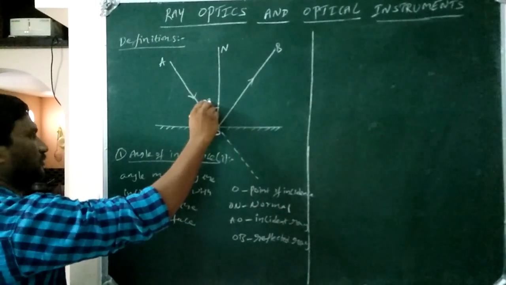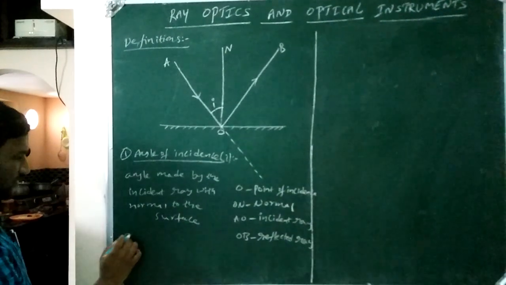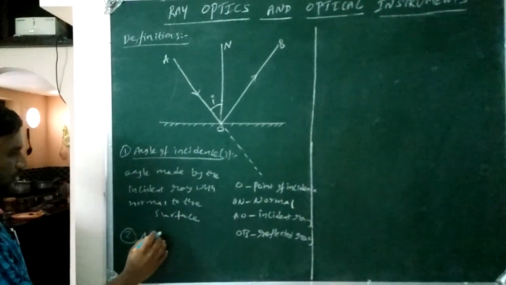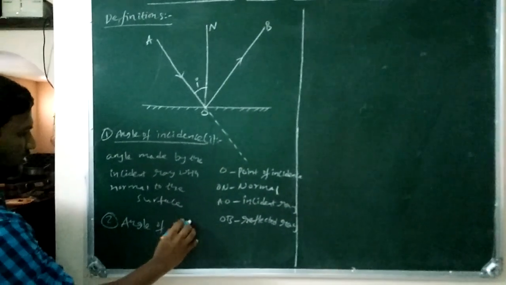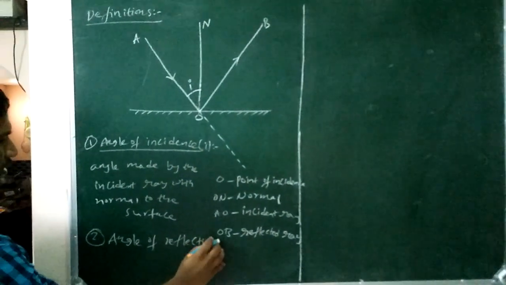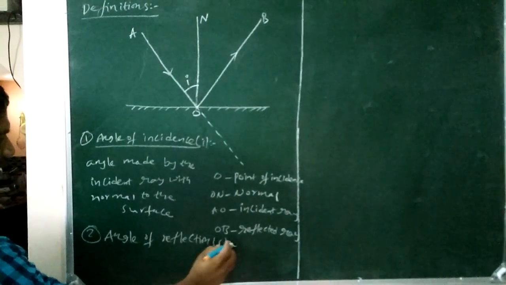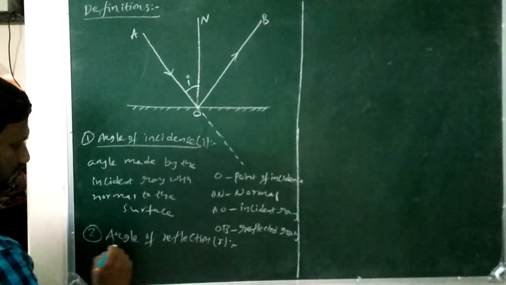denoted with small i. And the second definition is angle of reflection. It is denoted with small r.